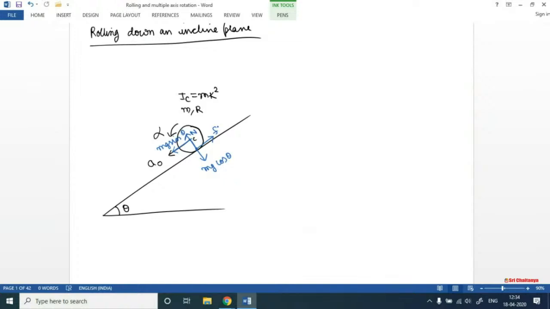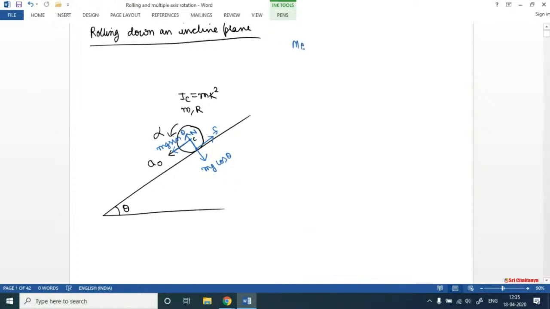Now, when writing the equation of force, two methods we are going to use in order to solve this question. In method one, I will be using combined translational and rotational motion dynamics. So we will be assuming that this body is undergoing purely translational motion of its center of mass, and at the same time it is undergoing purely rotational motion about an axis passing through the center of mass.